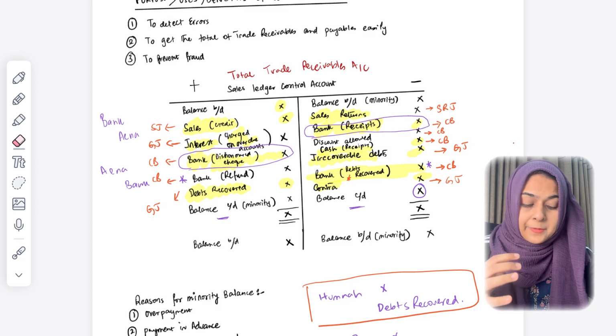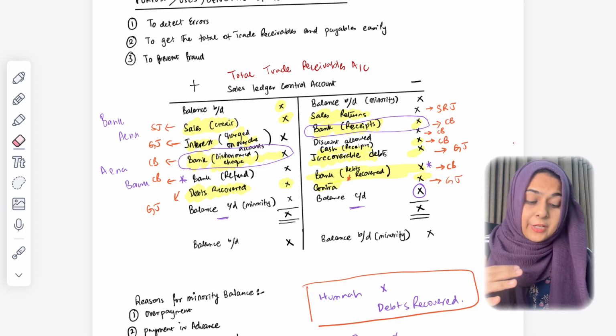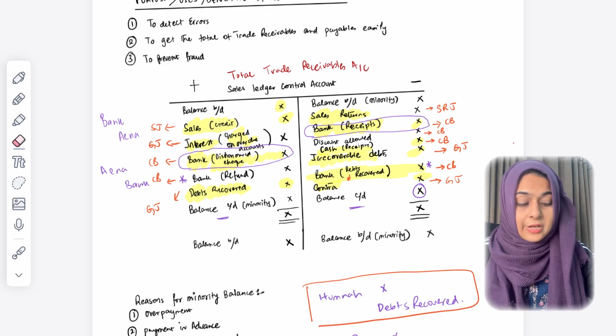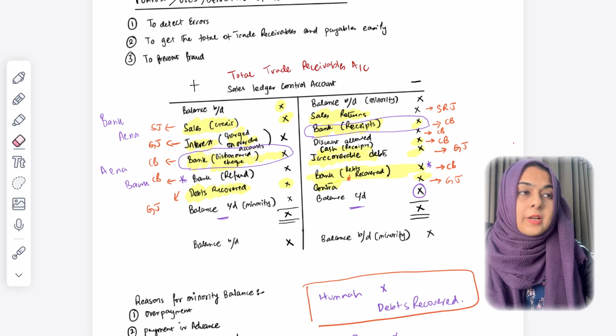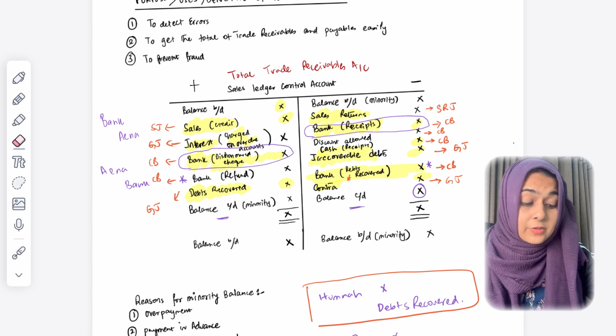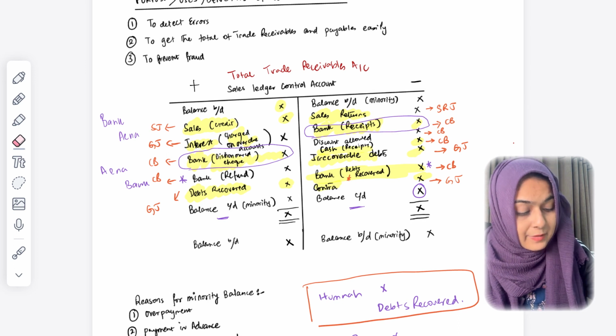So that means when you are charging interest to your overdue account, it's like you are doing trade receivables account debit, interest account credit. So this should come from the general journal. And irrecoverable debts: the double entry is irrecoverable debts debit, trade receivables credit. So this is also coming from the general journal. Contra is coming from the general journal.